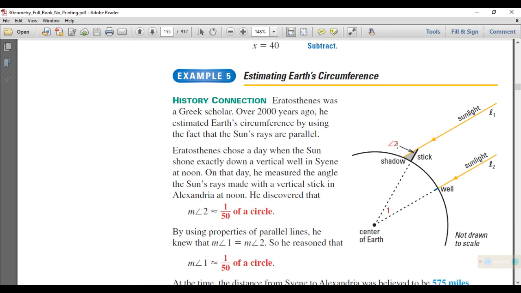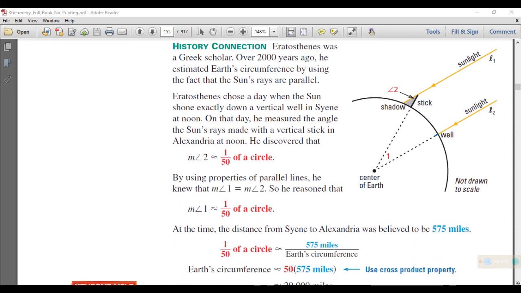So, angle 2 is consecutive interior angles with angle 1. It is also 1 over 50 of a circle. So, at the time, the distance from Cyan to Alexandria was believed to be 575 miles. So, 1 over 50 of a circle is equal to 575 miles divided by Earth's circumference.